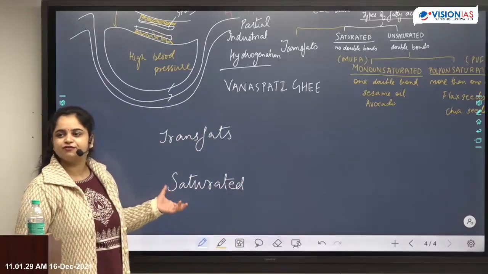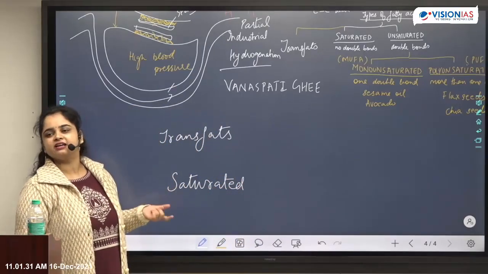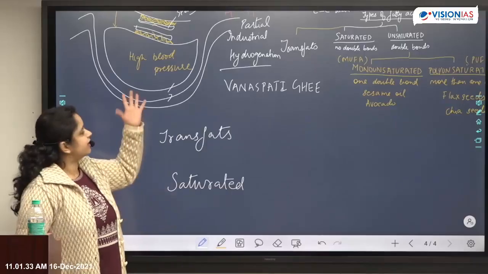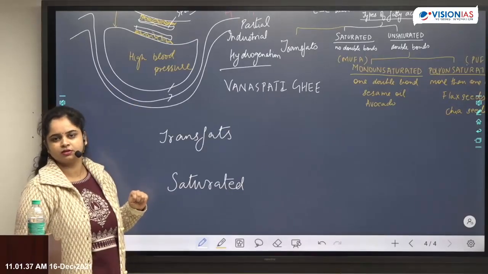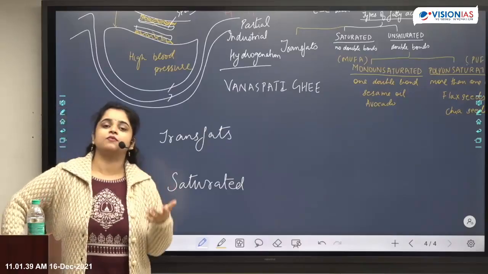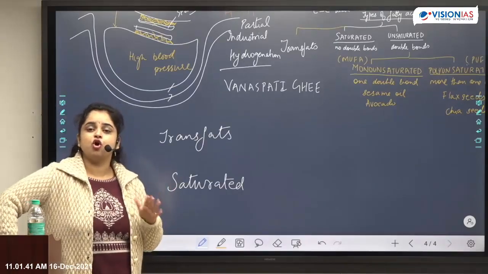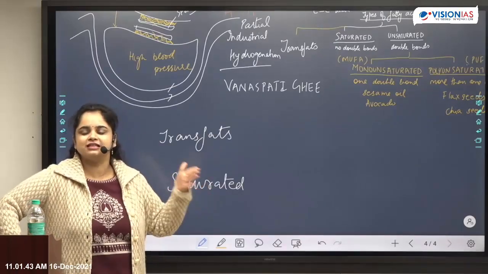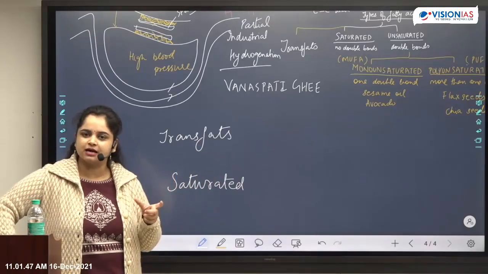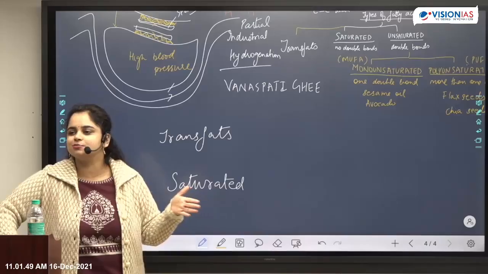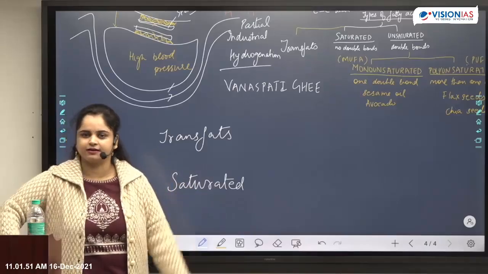But saturated fat also, when taken in a very large amount, will have an increased tendency towards being deposited. That is why it is always suggested that we should not have a lot of cheese, cream and ghee in our diet. Okay, we need to get them in some amount, but excess is bad. That is our basic understanding.